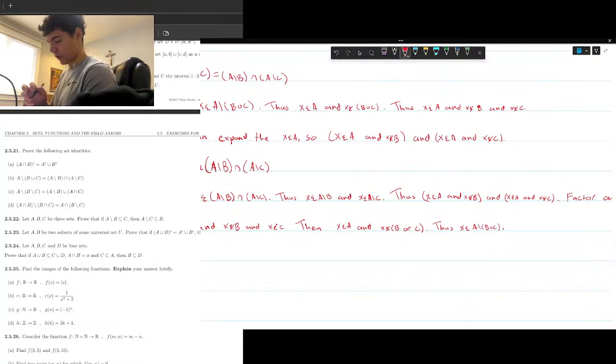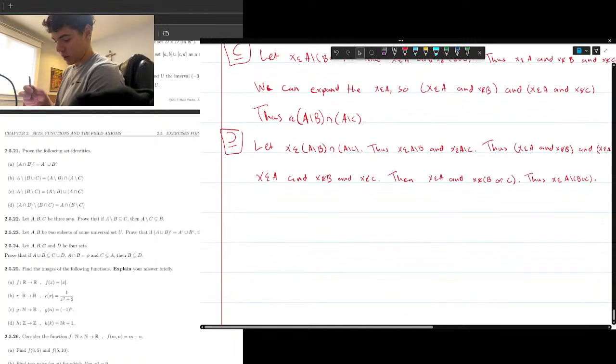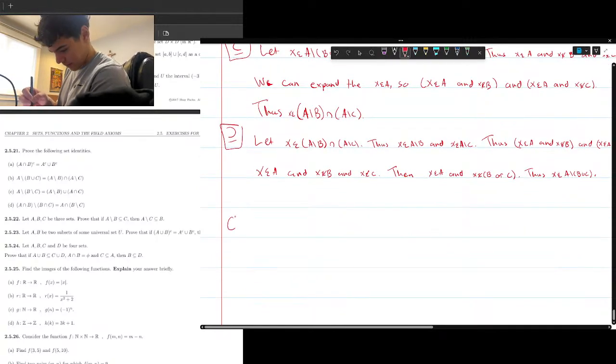And you probably should put some words here saying thus they show that, since they're subsets of each other, they're equal.